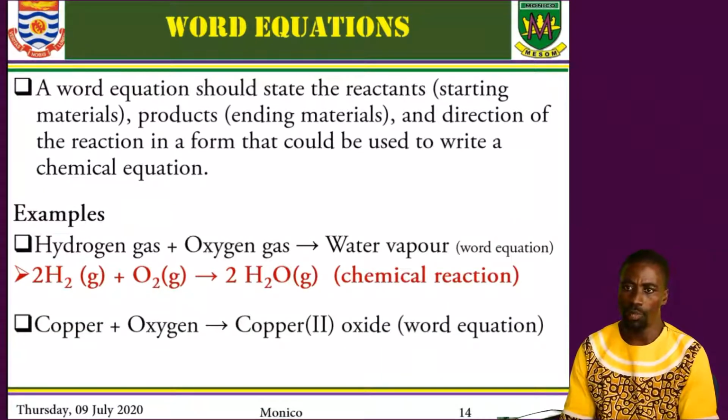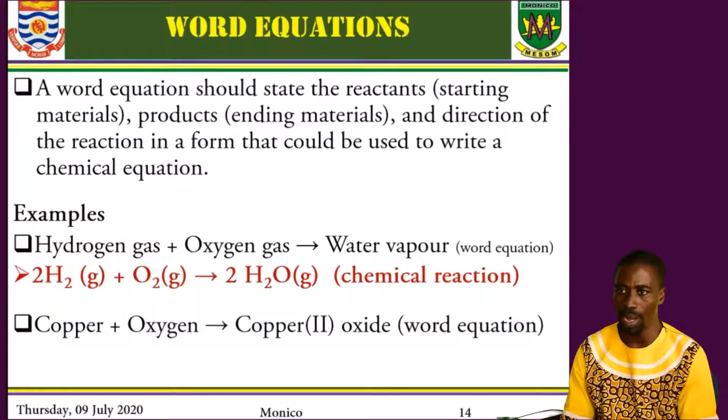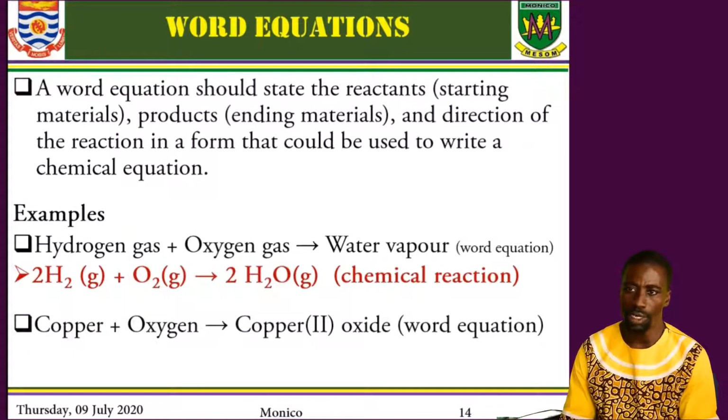Another one is copper plus oxygen, giving us what? Copper(II) oxide. That is a word equation. See, we are writing copper(II) because copper has what we call a double oxidation state. We can have copper(I) or copper(II). So if we don't specify, then you have to write the equation in both forms of copper.